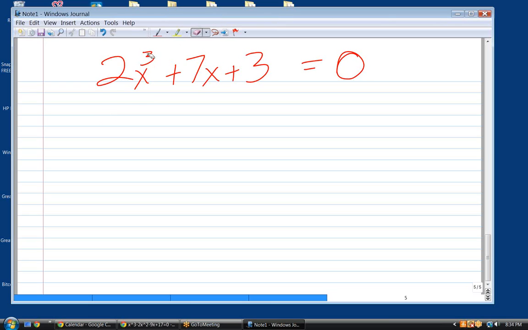Oops, I apologize. That's x squared. Makes a huge difference. So try to factor it. Can't be factored? No. Well, how about this?